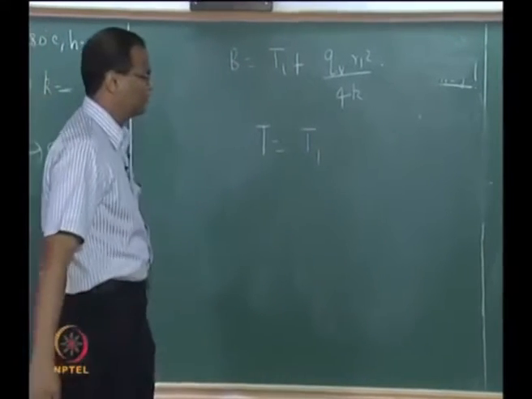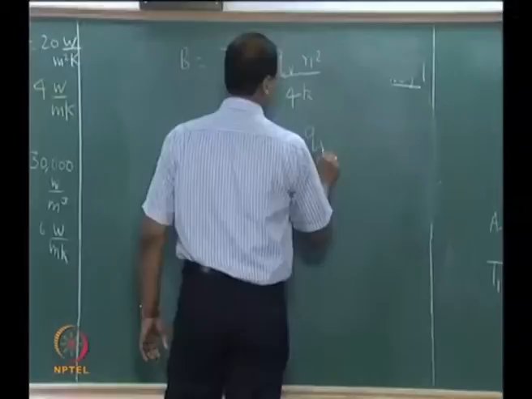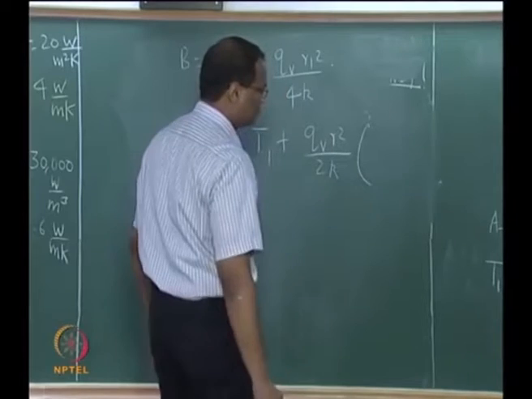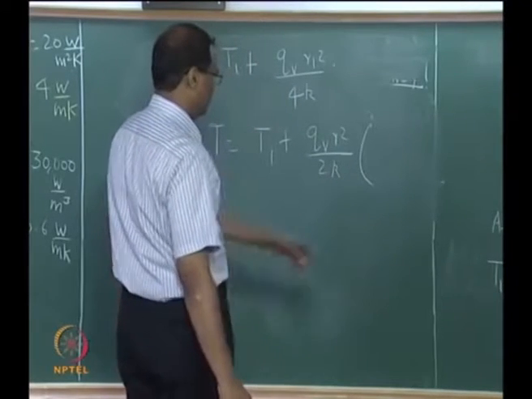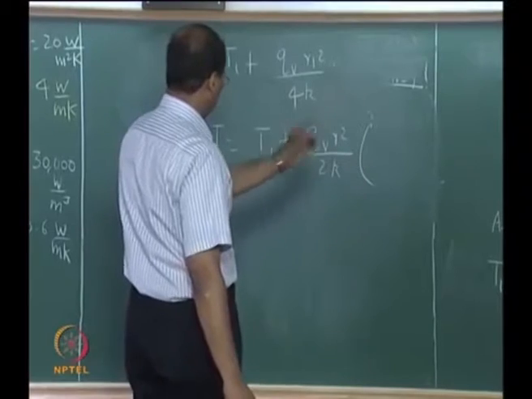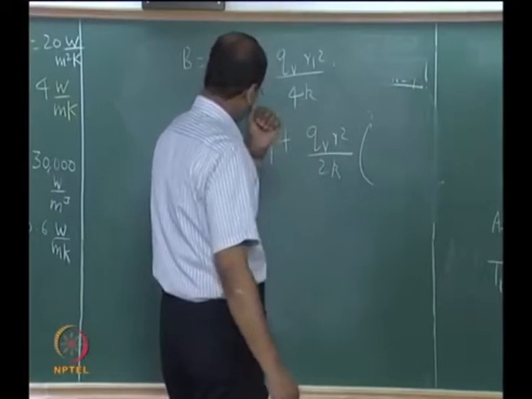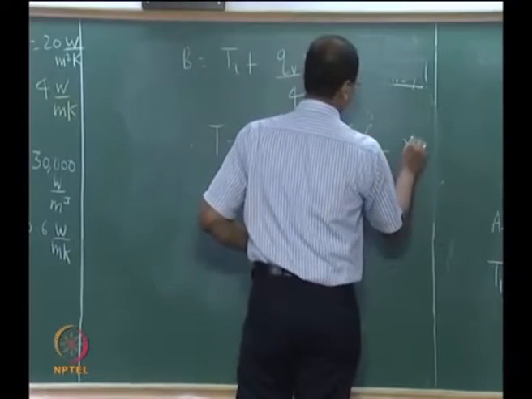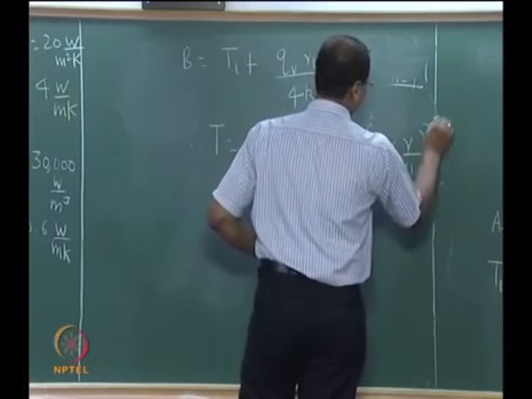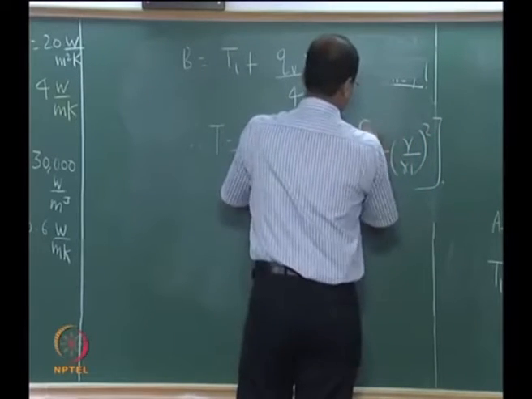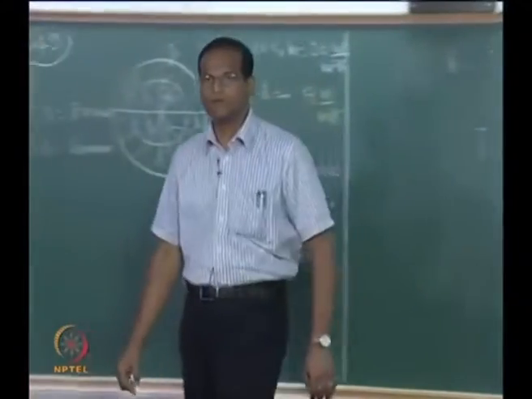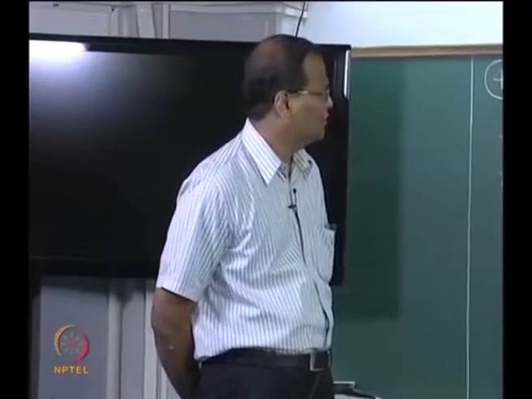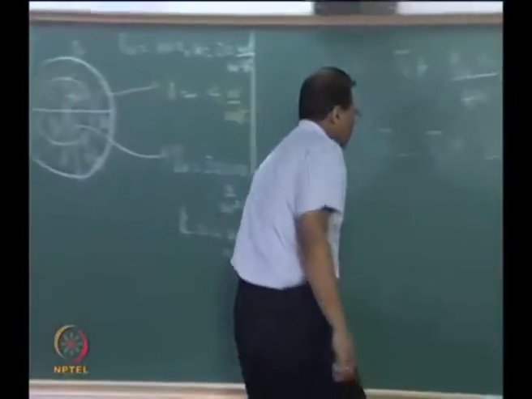So T equal to T1, what is B? Did I complicate it further, or is it okay? By 4K.